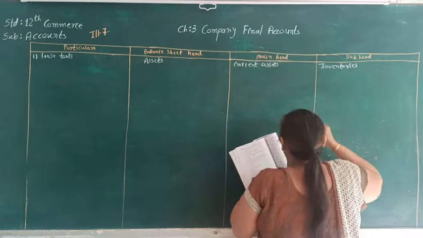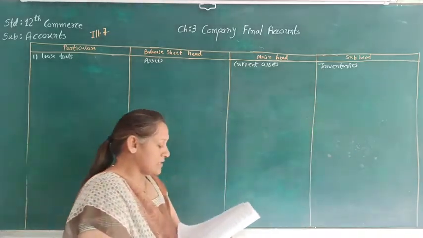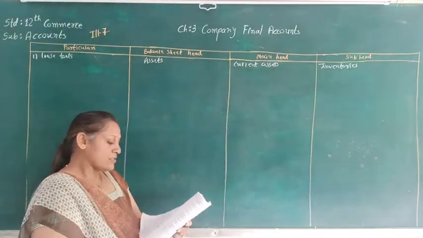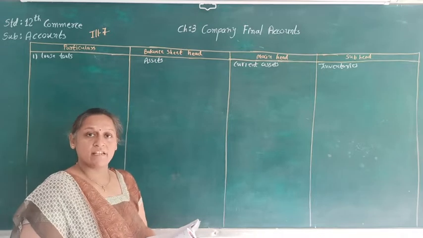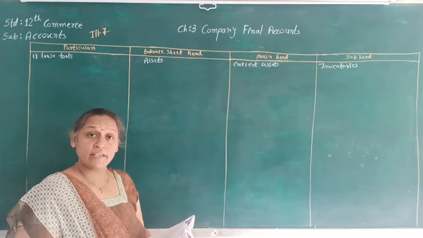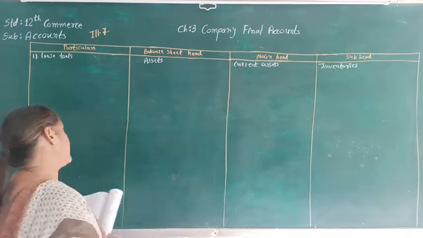Another balance given to us is leasehold asset. So leasehold asset is a non-current asset and it is a fixed tangible asset.